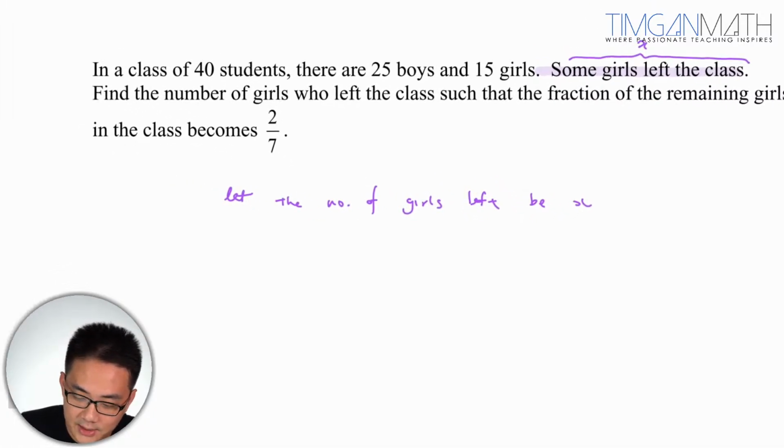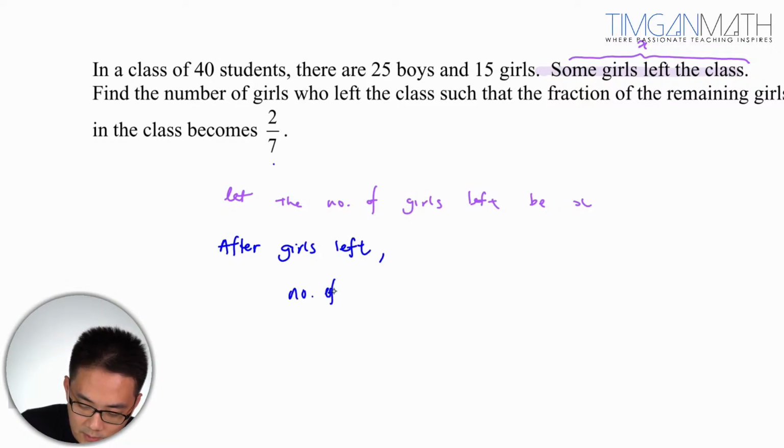Some girls left the class and the fraction of the remaining girls becomes 2 over 7. So let's try and understand the fraction. If x amount of girls left the class, the number of girls will be, because x amount left, 15 minus x.